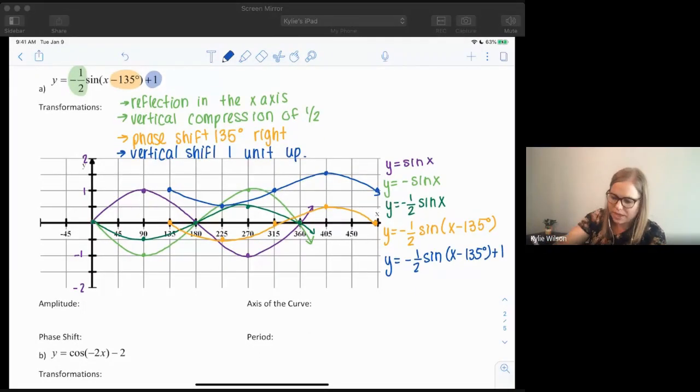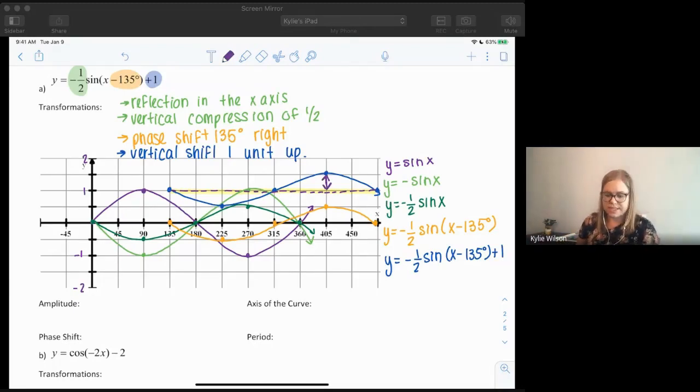So now let's look at some of the key features. The first one is my amplitude, and my amplitude goes from my axis, which I'm just going to draw here, and let's highlight that in yellow so you can see my axis here. My amplitude is measured from my axis, so it's this amount right here.